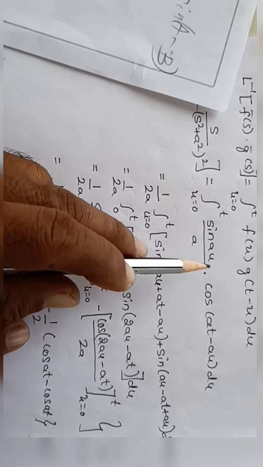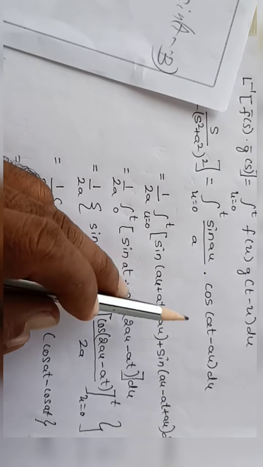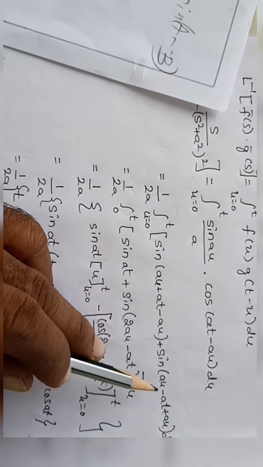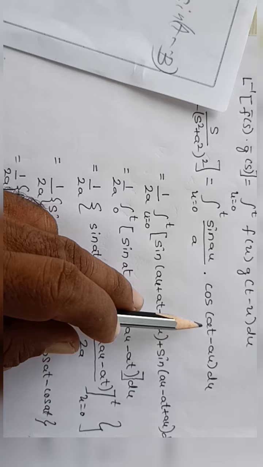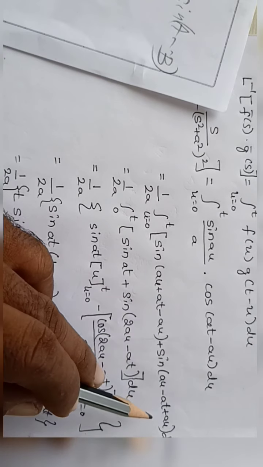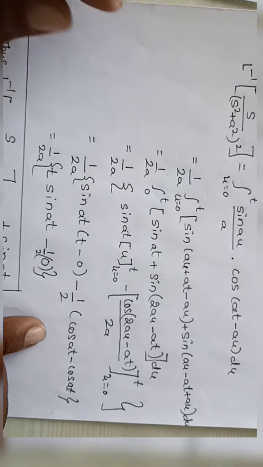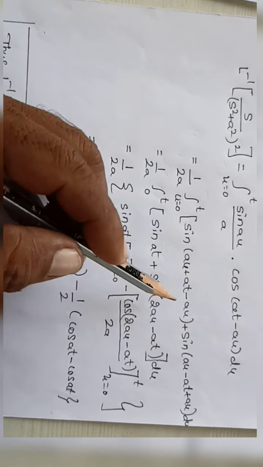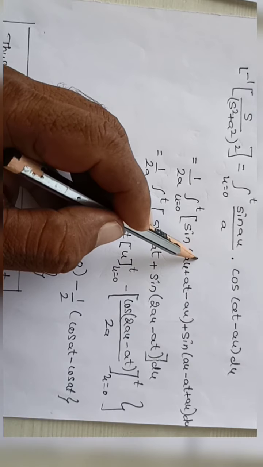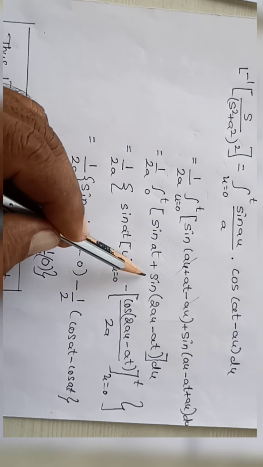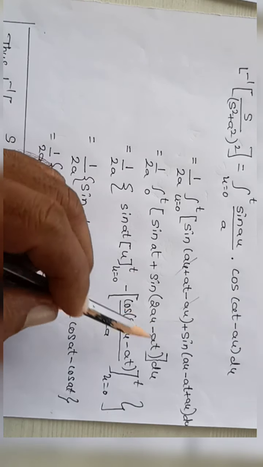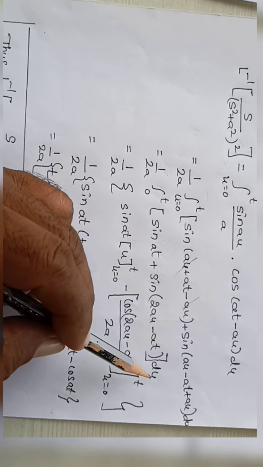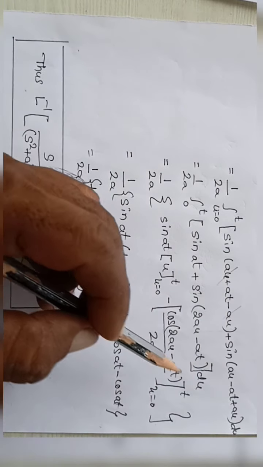So sin A plus B, AU plus AT minus AU, plus sin A minus B, AU minus AT plus AU. So it becomes 1 upon 2A integration 0 to t. It gets cancelled here. Sin AT remains, plus here sin of 2AU minus AT, with respect to du.